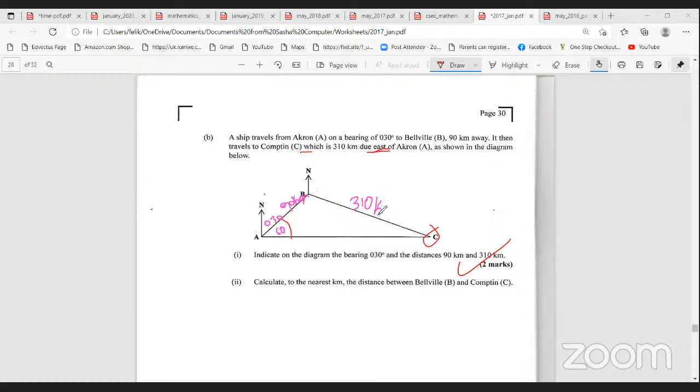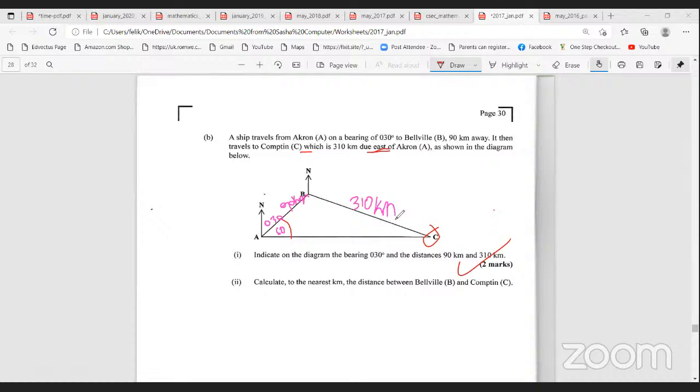Which rule are we going to use to find the length from A to C? Are we going to be using sine rule or cosine rule? Cosine, miss.